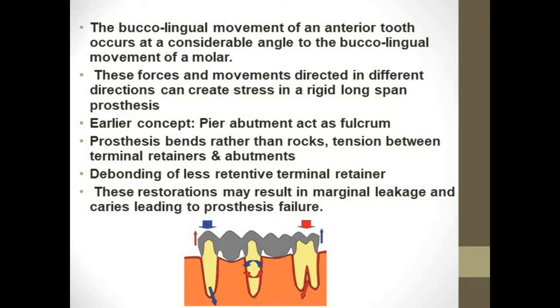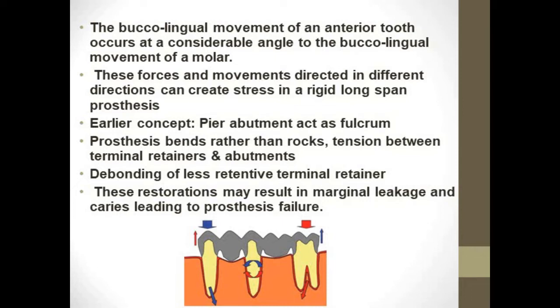Also, when there is extra stress on loading, there is intrusion of the abutment, and that can also lead to failure between the retainer and the respective abutment. All these can result in the cast getting loosened, and that will result in marginal leakage and further caries extension leading to prosthesis failure.